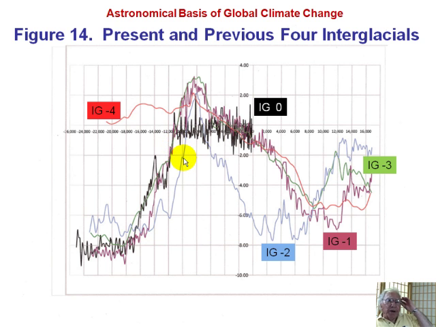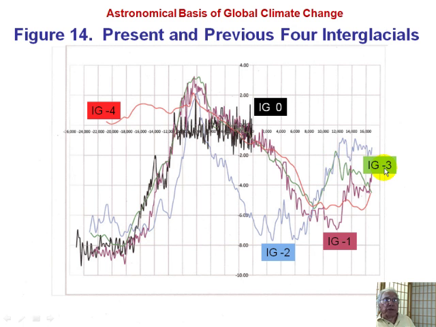And this is very complicated, so we're not going to try to extract much information from it. But these are the 5 interglacials. The present one, which is 0. The one about 130,000 years ago is the red curve. The one roughly 200,000 years ago is the blue curve. It's the thin one.